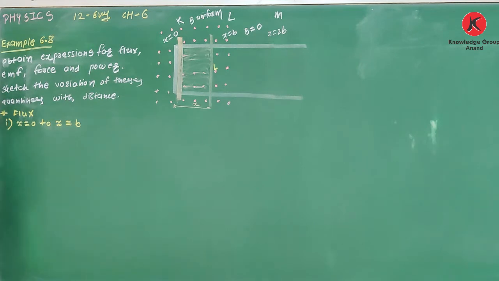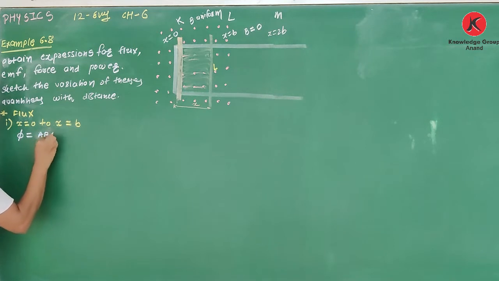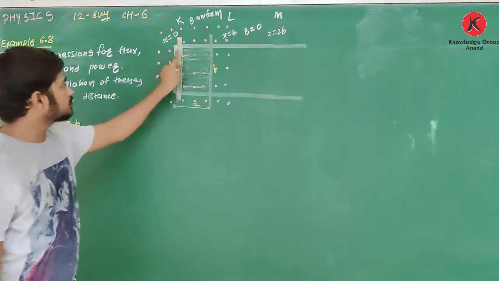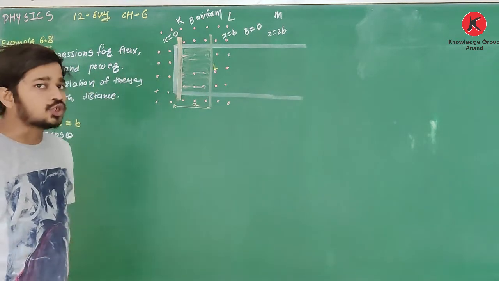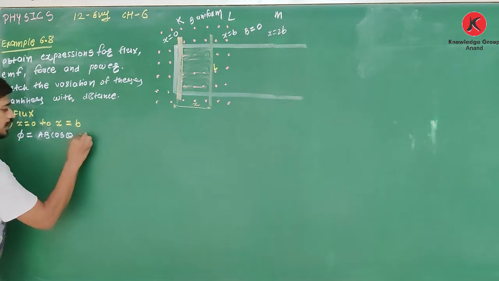So yes, what is flux? When it is moving from x is equal to 0 to x is equal to b, that flux phi is equal to B L x. Why B L x? This equation of flux is A B cos theta. A, area vector, normal to plane. Magnetic field, normal to plane. So yes, here what is area?